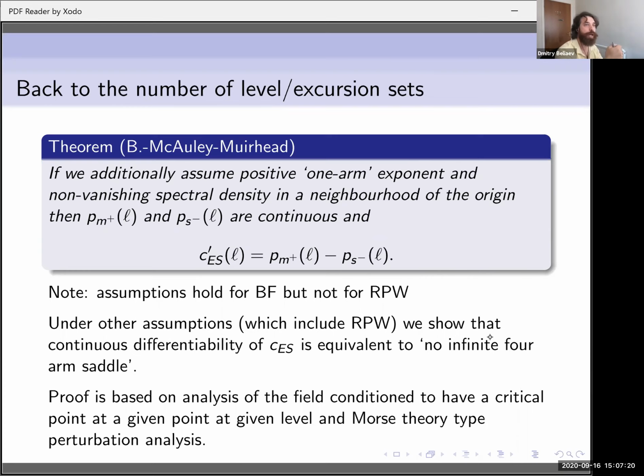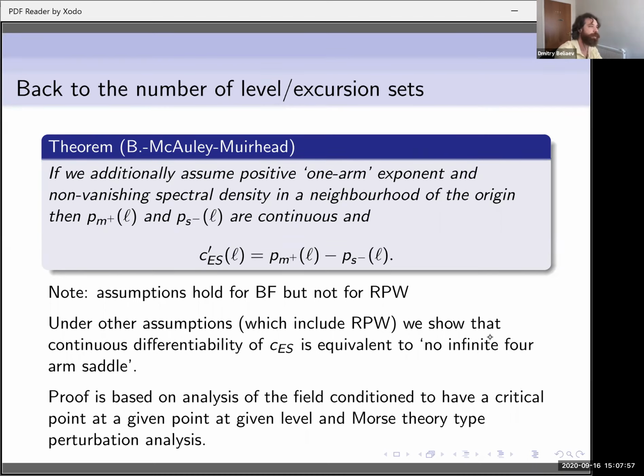So you look at, say, the excursion set containing the origin, and this controls the probability that the connected component containing 0 is large. And also, we assume that the spectral density is well behaved near the origin. So this is an interesting condition.